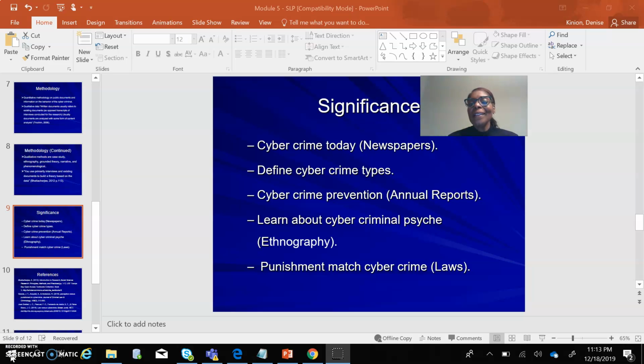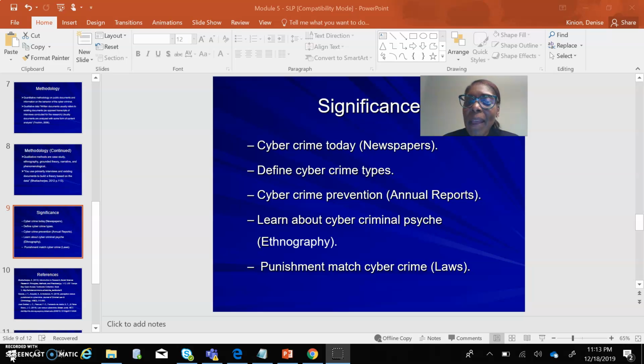What would be the significance of this research project that I plan on working on? Taking a look at cybercrime today, newspaper articles, defining the different types of cybercrime that exist, looking at the prevention of cybercrime, looking at annual reports from law enforcement, learning a little bit more about the cyber criminal psyche, and taking a look at the punishment.